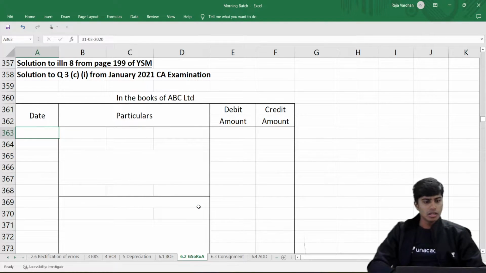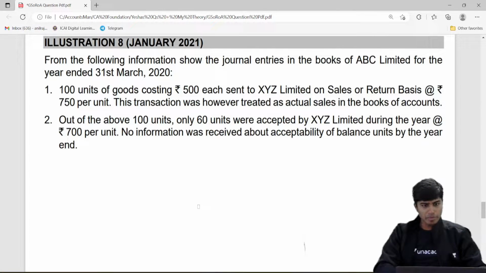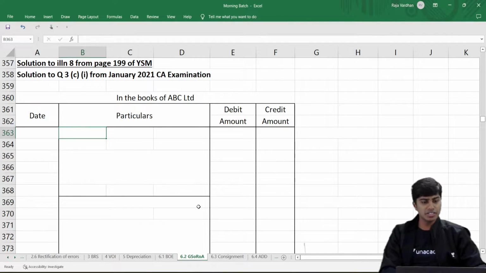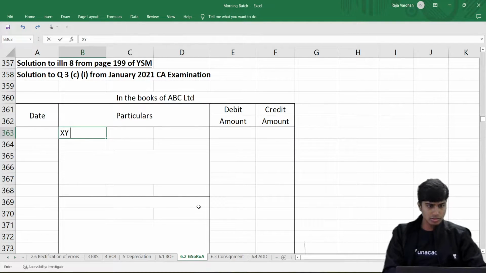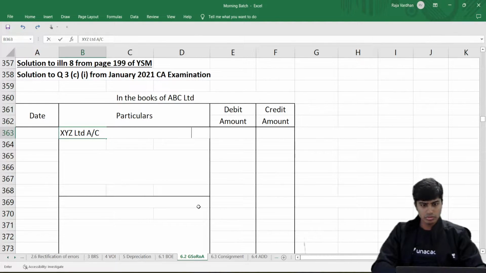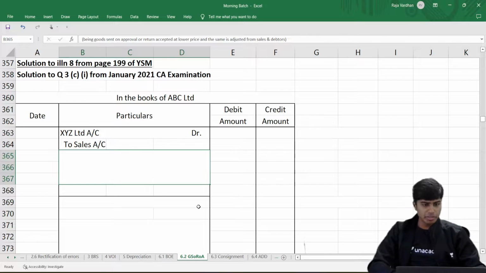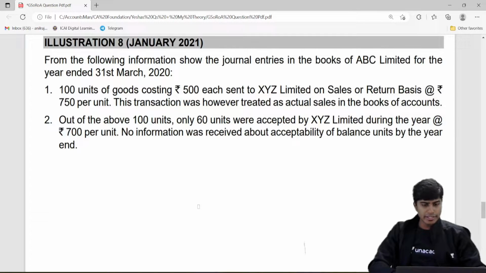The first solution will be, we need to write the additional sales entry, XYZ Limited account to sales account, for the additional price.